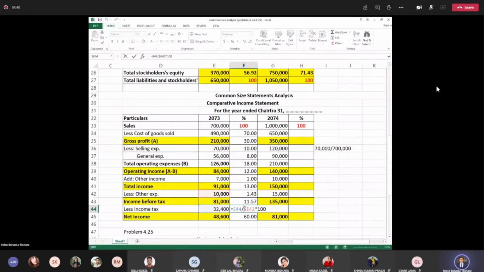And income tax, 32,400 divided by 7 lakh, 4.63%. Net income after tax is 6.94%.